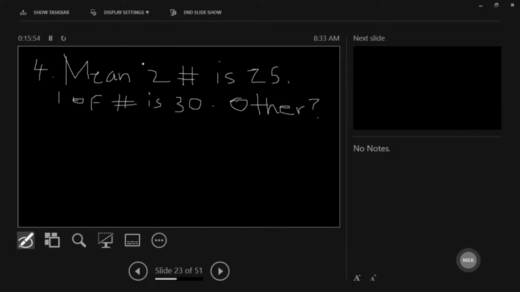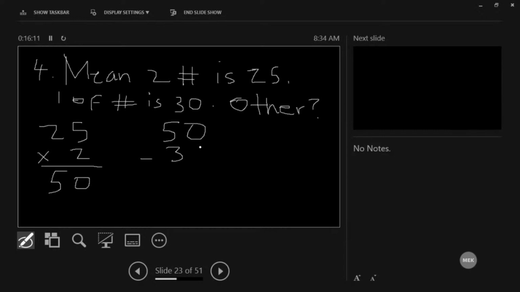So we know the mean is 25 and it's two numbers. So the total is 25 times 2. The total is 50. And if one of the numbers is 30, then the other one would be 50 minus 30. So the other number would be 20. So Najara is correct. I'm not sure if this is the method he used, but he's correct.